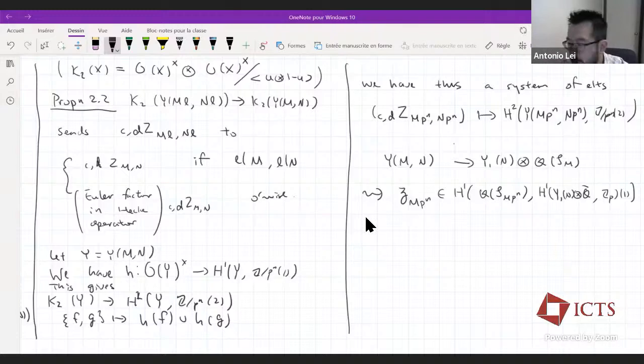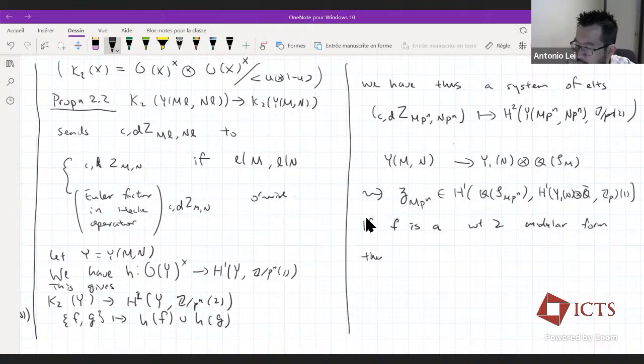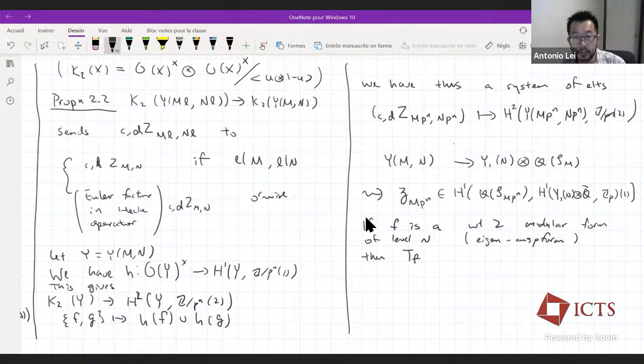Here we can do it for a modular form of level N. This is because if f is an eigenform, a Hecke eigenform of level N, then we have a representation associated to the modular form, and the representation is a quotient of this étale cohomology.